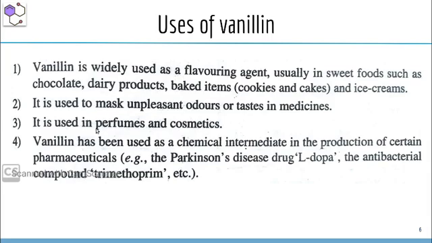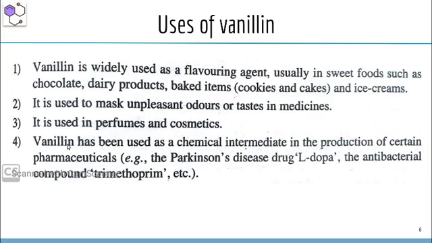Then it is used in perfumes and cosmetics. The same way, in perfumes and cosmetics we use vanillin for making a good smell and fragrance.